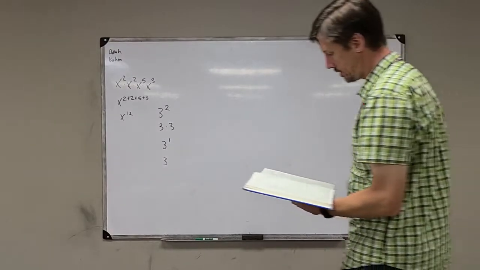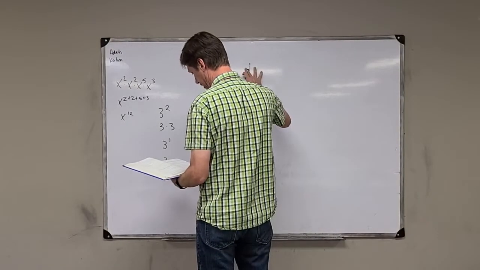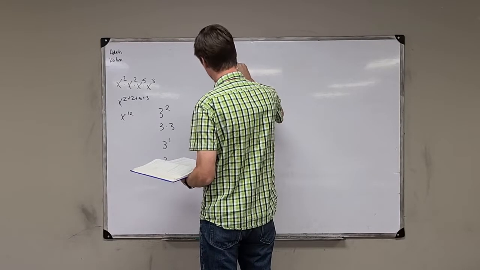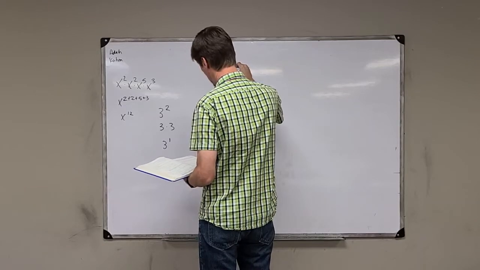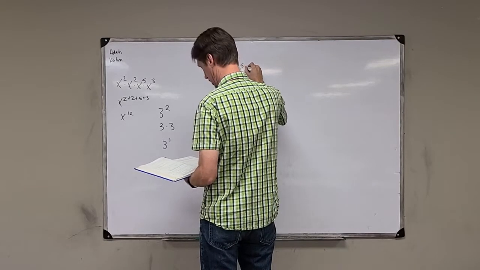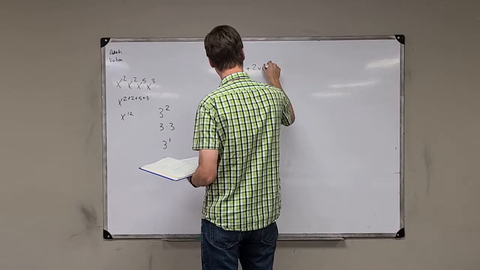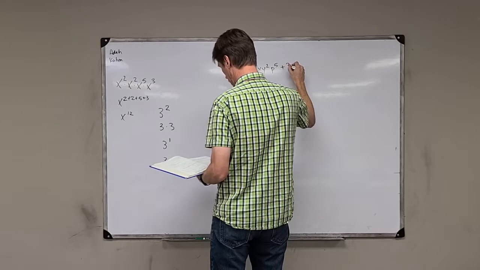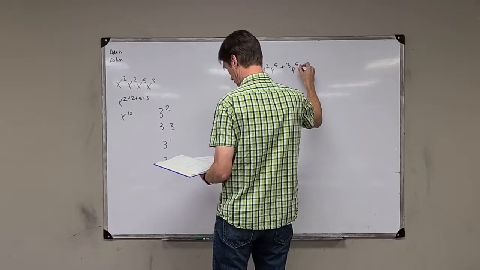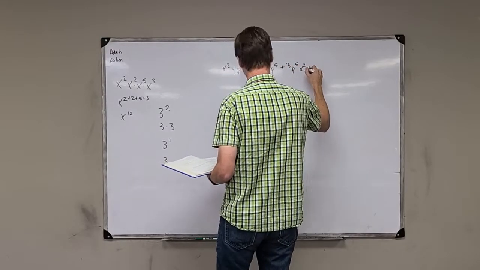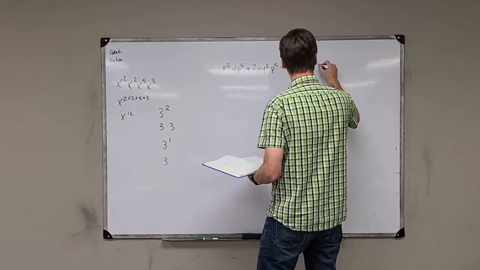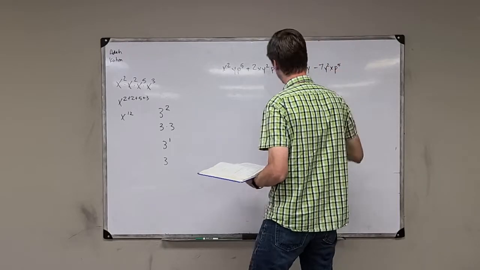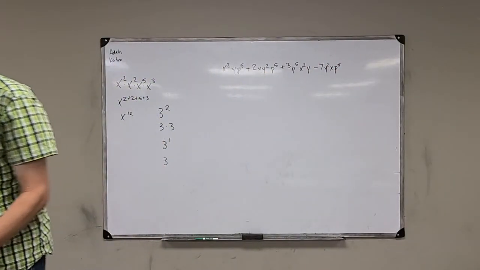So let's say that we have x squared y p to the fifth plus 2xy squared p to the fifth plus 3 p to the fifth x squared y minus 7y squared x p to the fifth. All right, and we're told to simplify this.